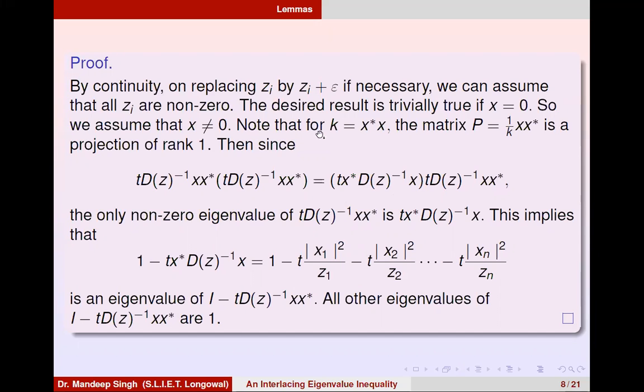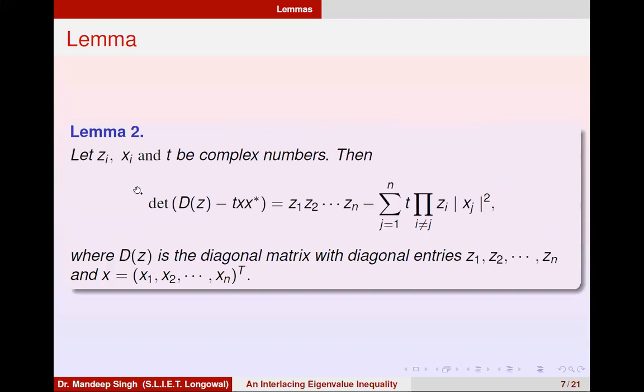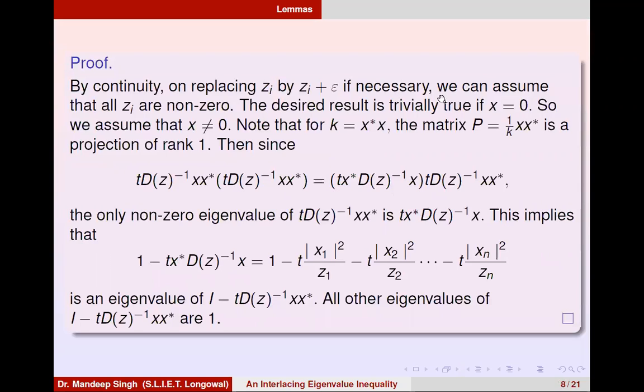Now if the z_i are non-zero and I take x as 0, then this would be 0, and the determinant of the diagonal matrix would simply be this. So in case x is 0, the determinant formula is okay. Then we come to assume that x is non-zero.